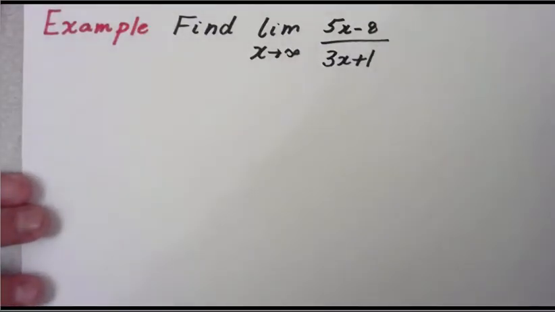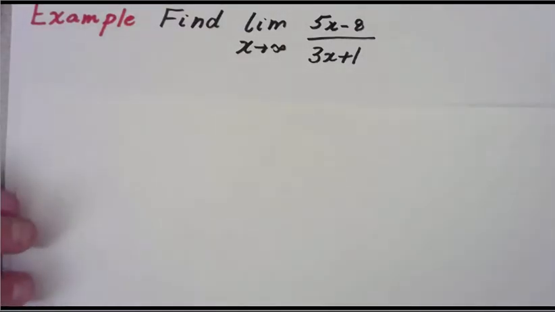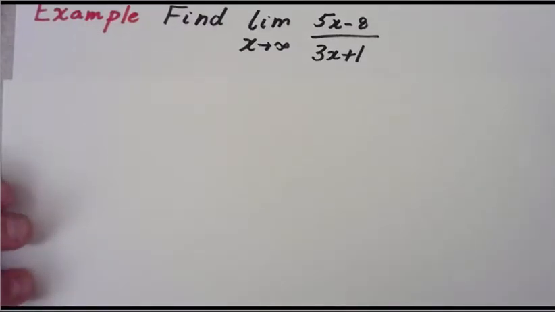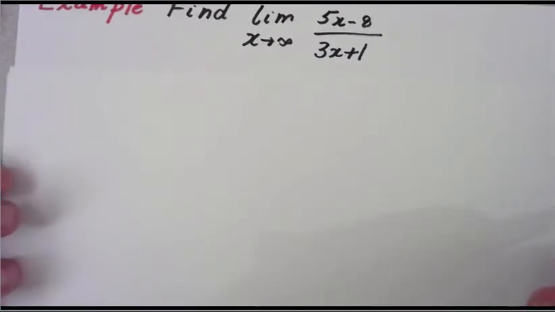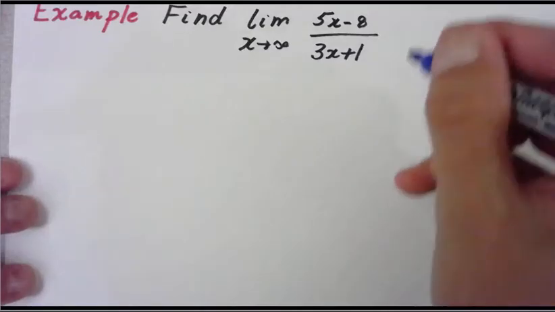Okay, here's our third example, find the limit. Now this is our first one where we're approaching infinity. If I look at this problem, I'm approaching infinity. You can't take 5 times infinity, okay? But if I put a really large number over a really large number, it's infinity over infinity.